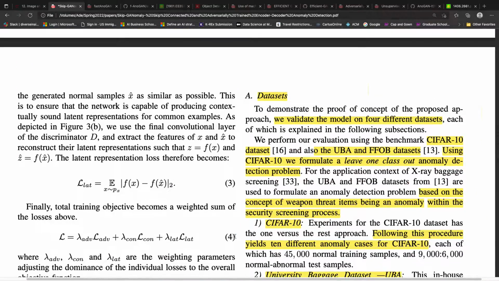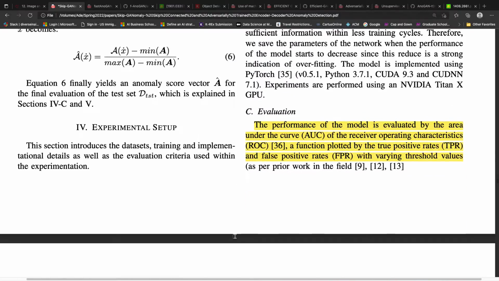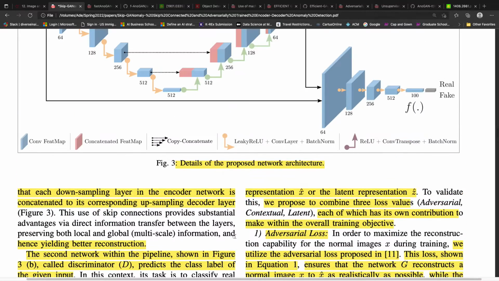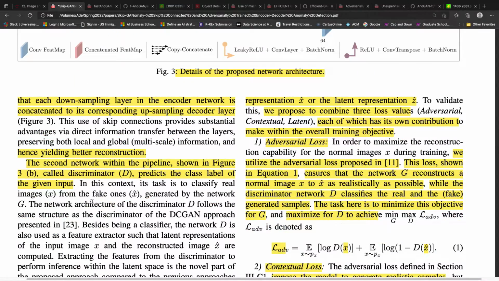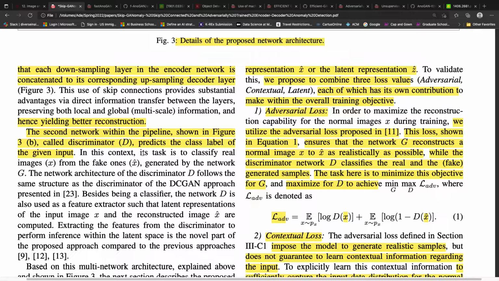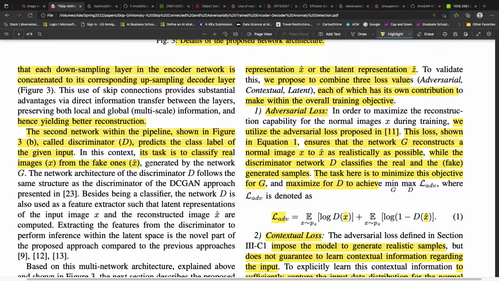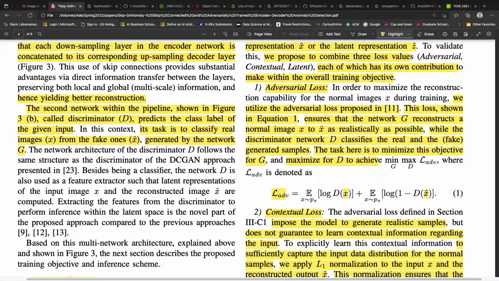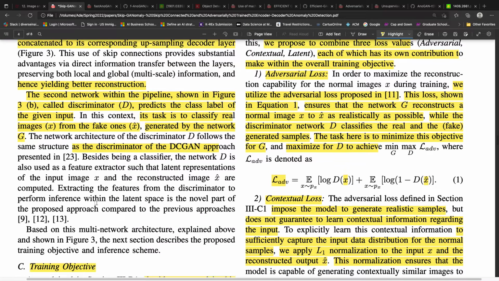And if you look here, we see more details about the discriminator. So that's just what this is saying. The task is to classify real images X from the fake ones, which is the X bar generated from the generator network, which is G. The network architecture of the discriminator follows the same structure as the DC-GAN approach used in this paper.